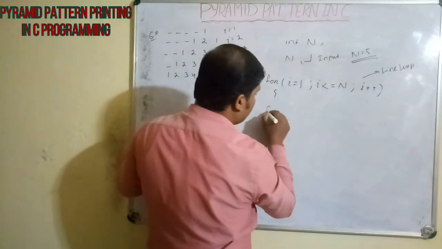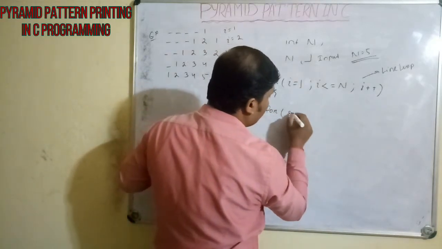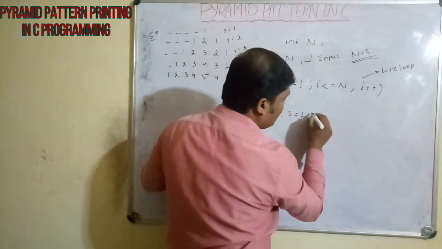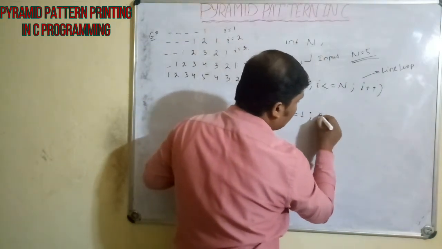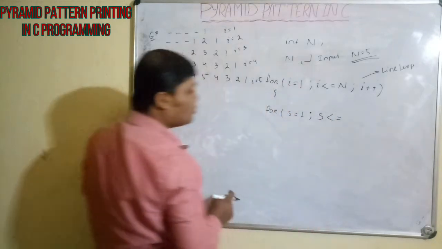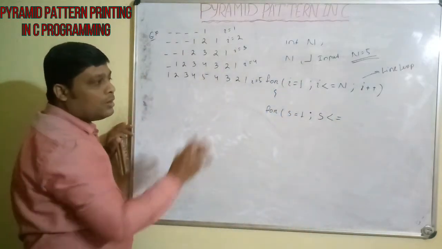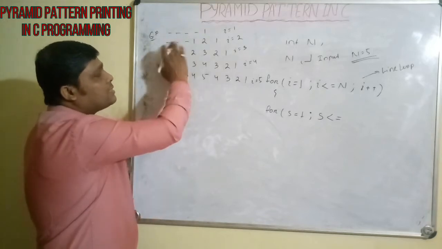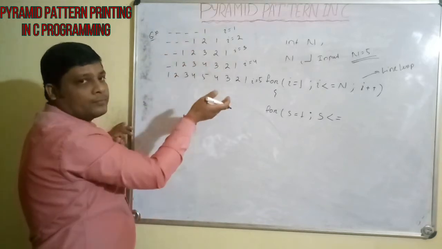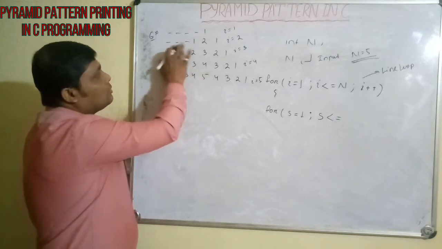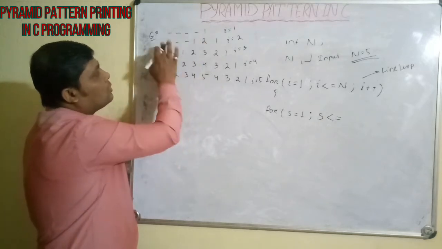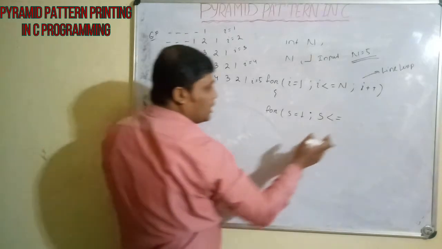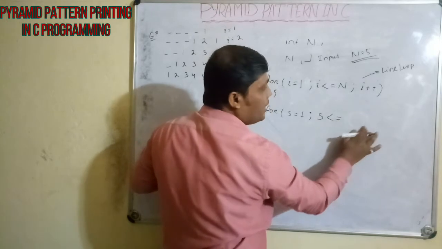Suppose I am taking s. s equal to 1 and s less than or equal to what? What variable value should we take? Because in each line the number of spaces varies. Here the spaces are 4, here 3, here 2, and this is 1.